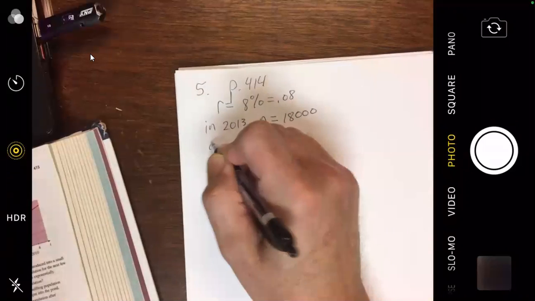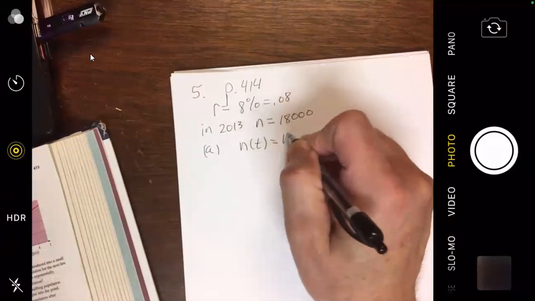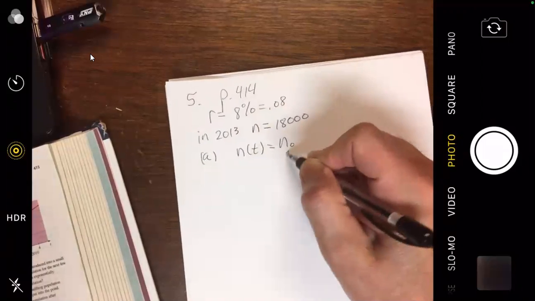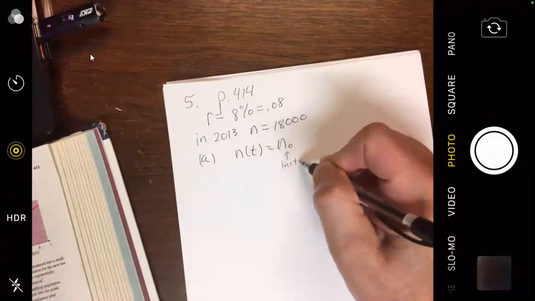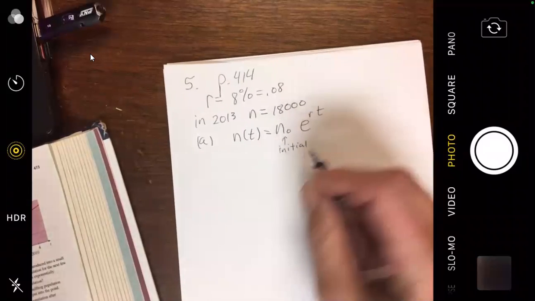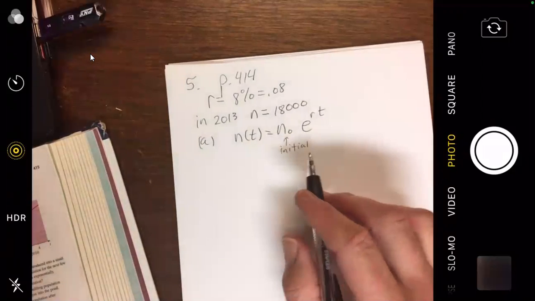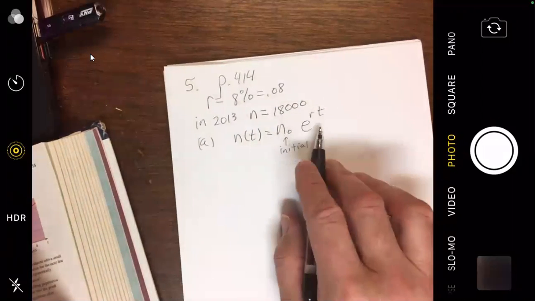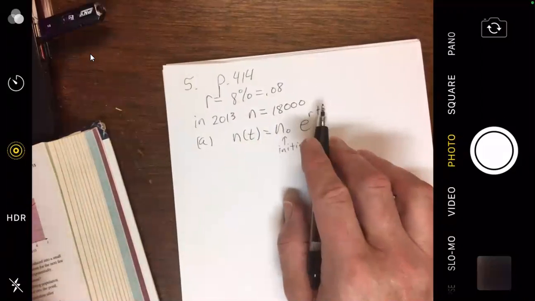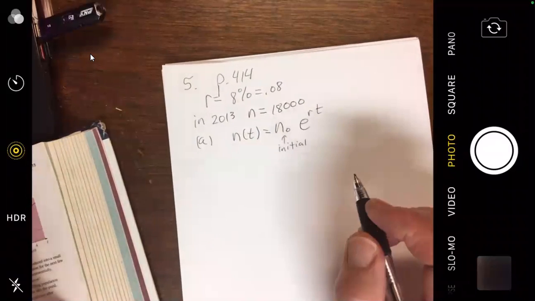All right. A, find a function, and they tell you it's N of t equals N0, again the initial amount, e to the rt. It looks very similar to compound interest, but it's a general growth. Instead of your money growing and compounding, it's a population of things that are growing and compounding.